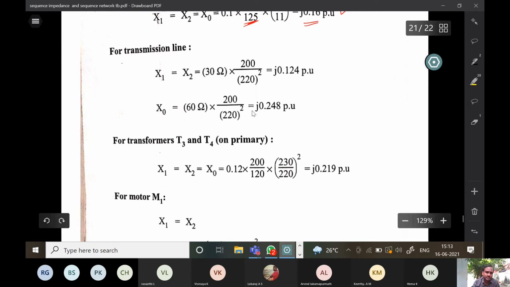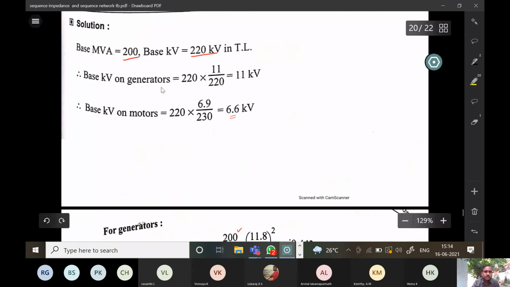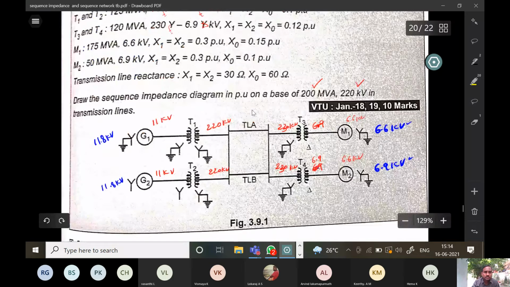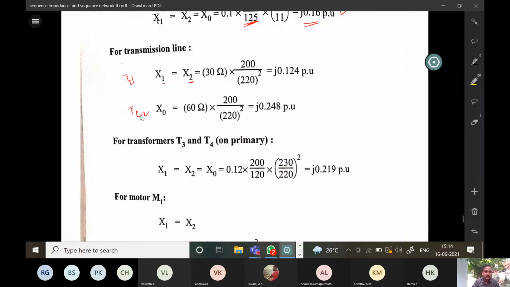And the transmission line, there are two transmission lines, transmission line 1 and transmission line 2. X1 is the positive sequence, X2 is the negative sequence. For both transmission lines the reactances are the same, so TL1 is equal to TL2.